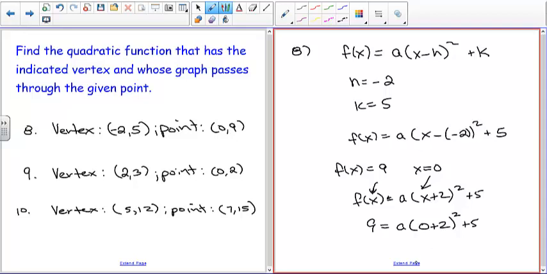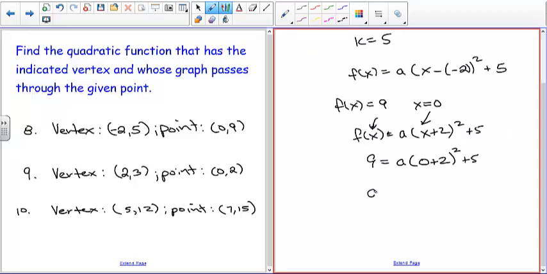Now we just do the algebra. 0 plus 2 is 2, 2 squared is 4, so 9 equals 4a plus 5. Subtract 5 from both sides: 9 minus 5 is 4, and 5 minus 5 is 0, so 4 equals 4a. Divide both sides by 4 and you get a equals 1.